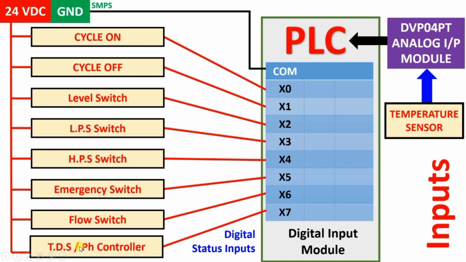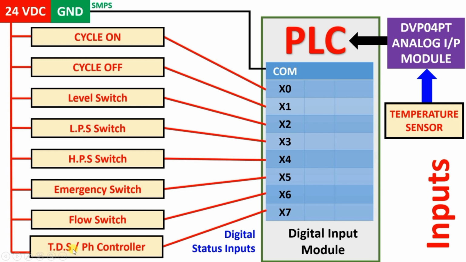After that, there comes the TDS and pH controller. Okay. So as I told you, in the industrial RO purifier system, TDS and pH are also maintained. So there will be one TDS sensor or pH sensor connected to a TDS controller. You might be thinking, what is the controller? It is just like a temperature controller, but it works on a TDS or pH sensor.